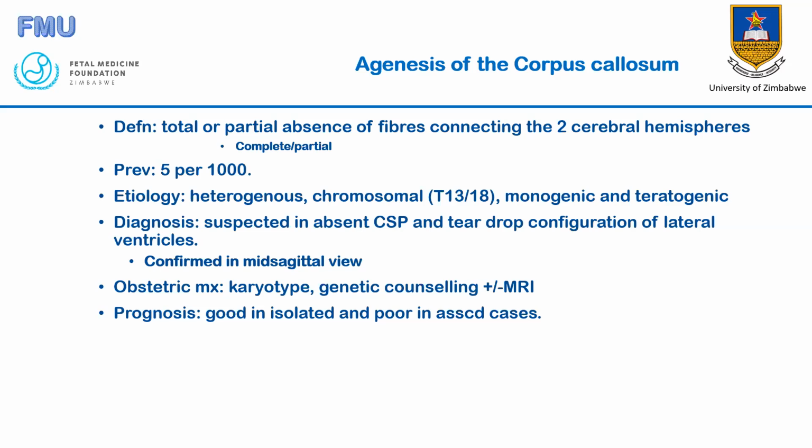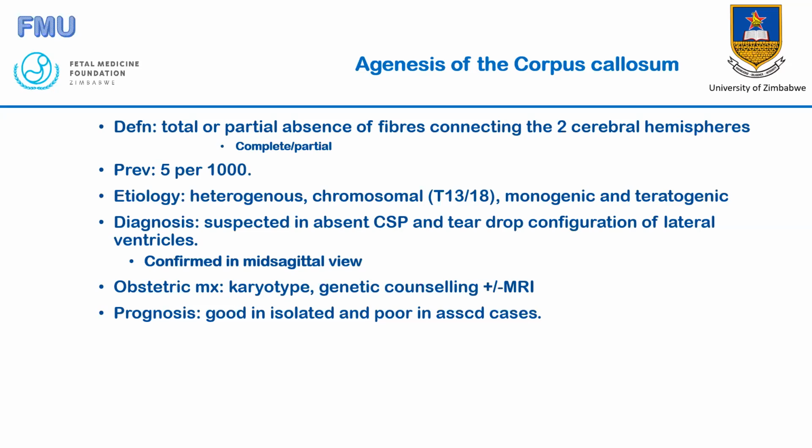What we will see is a teardrop configuration of the lateral ventricles. I'll show you on the follow-up images. Then we confirm the diagnosis through a mid-sagittal plane. At certain times, we may also need to do a fetal MRI to confirm the diagnosis.